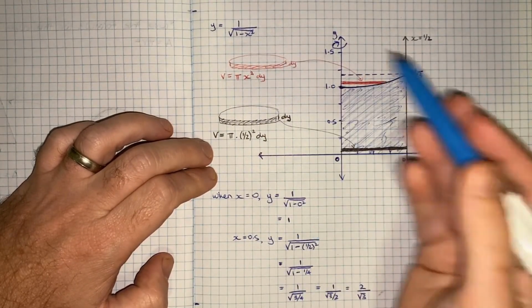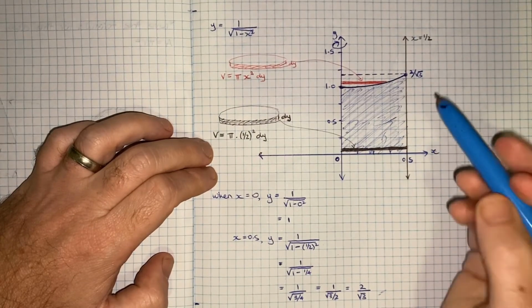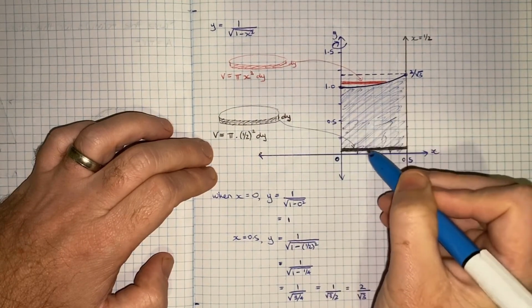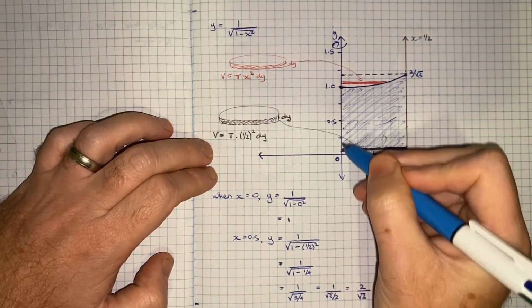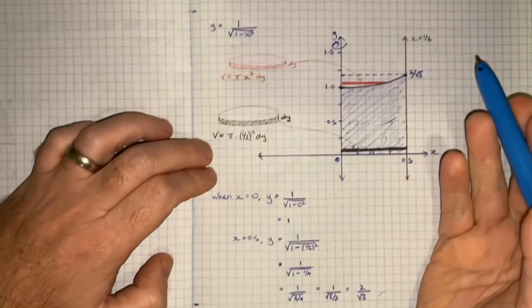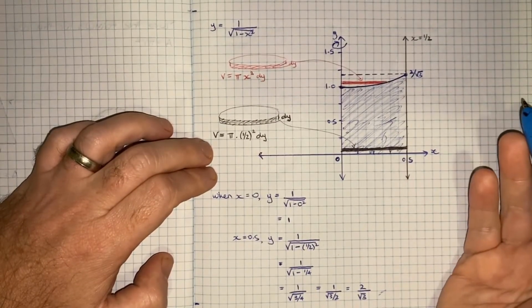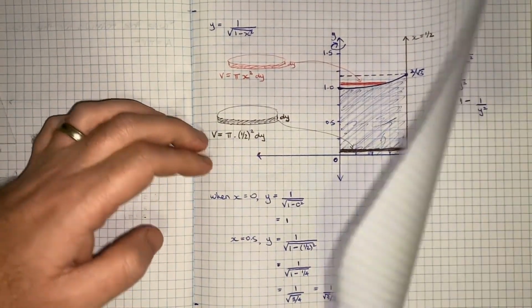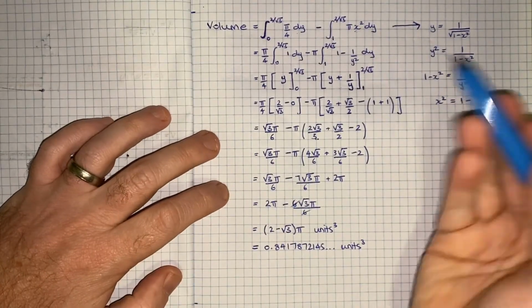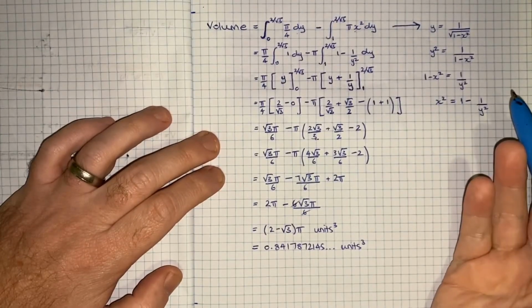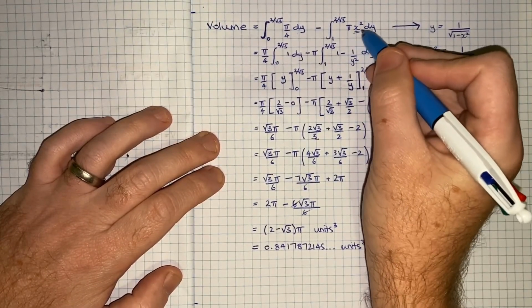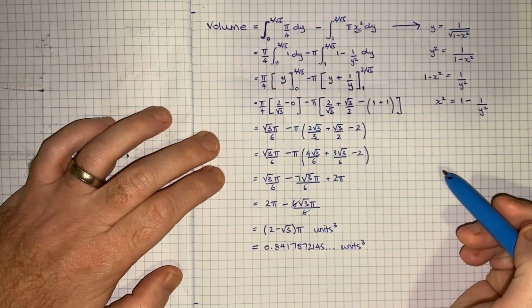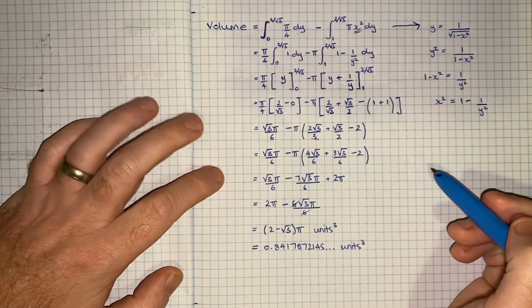Just putting all that knowledge together, and then understanding that you're summing all these slices as the width of the slice gets smaller and smaller, and you're doing it within a range. If you think back to the very definition of what an integral is, that gets you into integration territory. And then ultimately the integration was fairly straightforward. We just had to see the link that we had to get x squared in terms of y, but thankfully that was easy enough. So hopefully you're able to follow along with that.